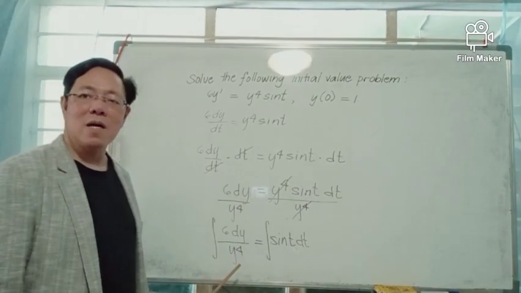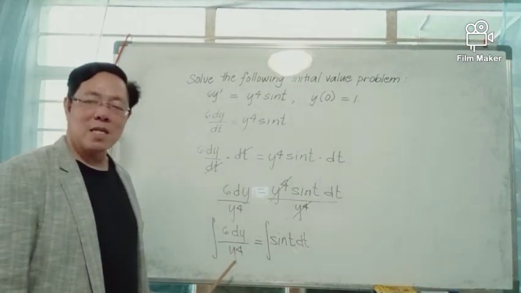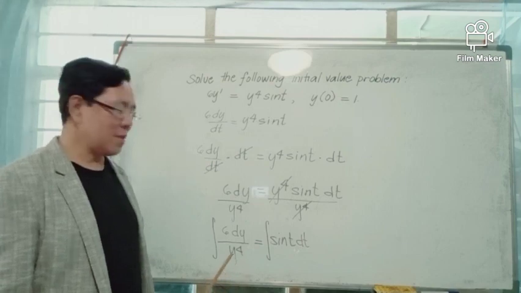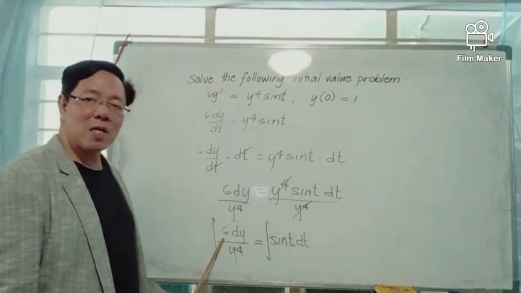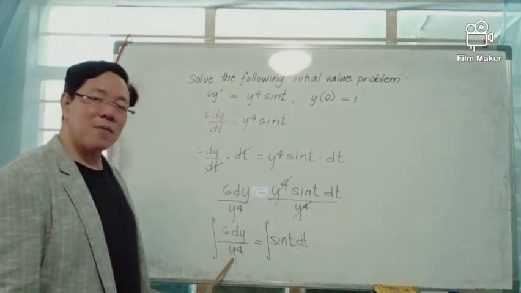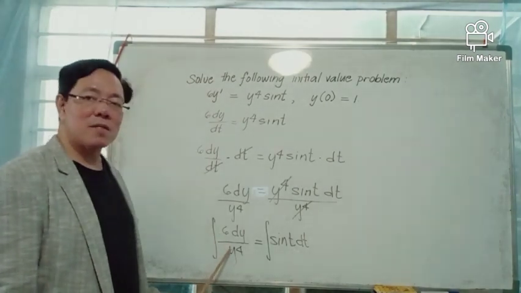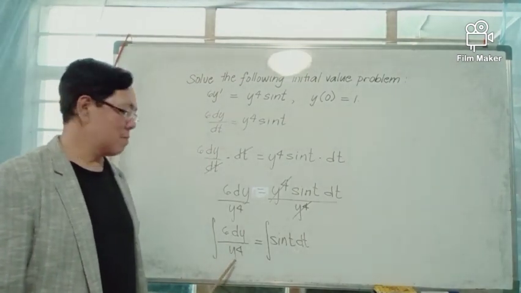By a property of integrals, or by a theorem for integration, the integral of a constant times a function is equal to the constant times the integral of the function.